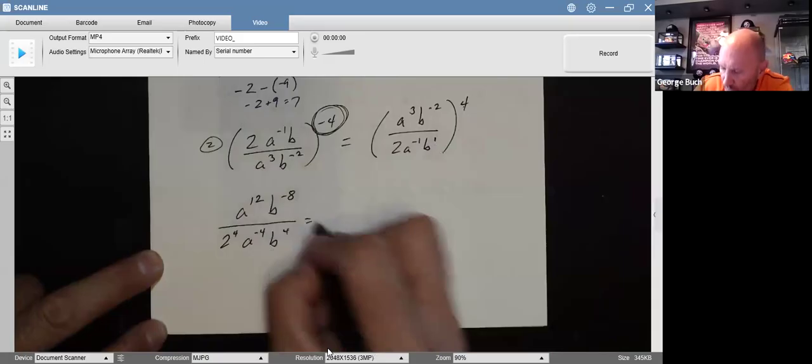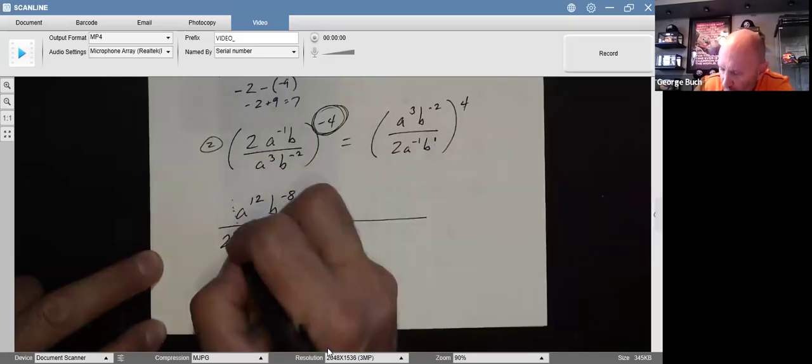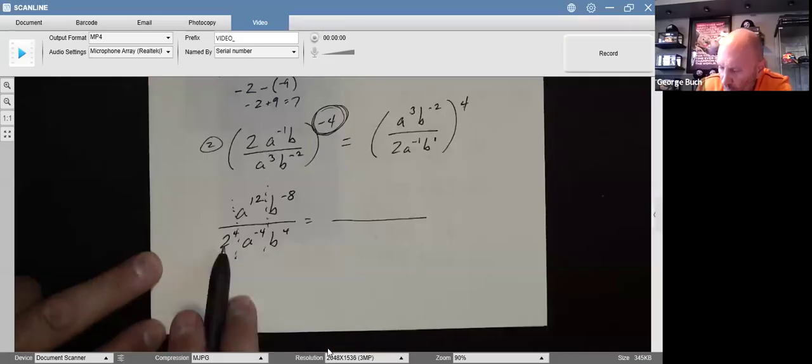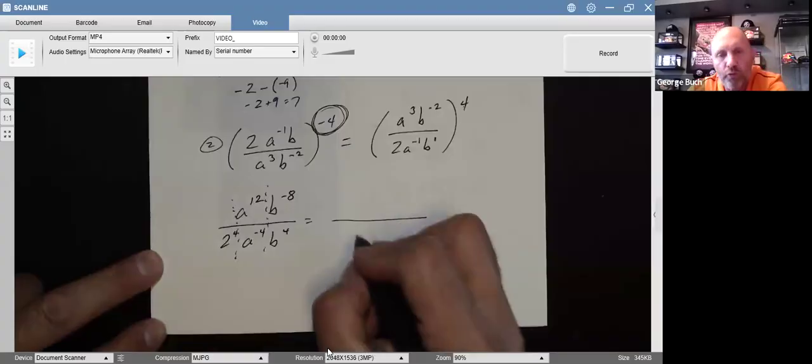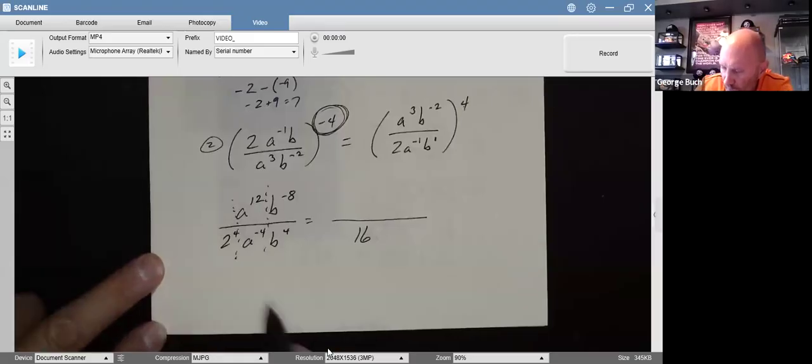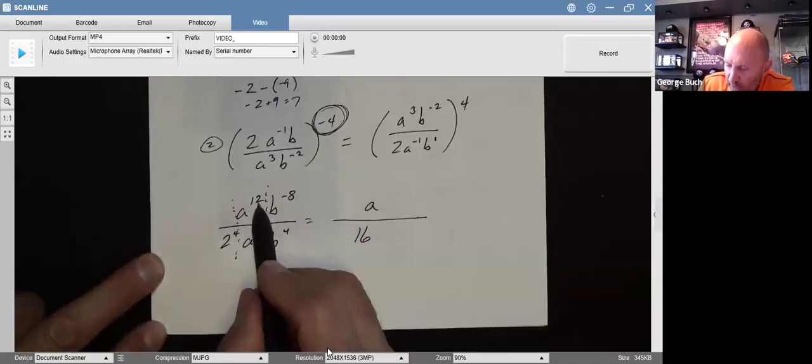So once again, I basically have 3 pieces. If I deal with the number part first, I have a 1 in the numerator, 2 to the fourth in the bottom. So that means 2 to the fourth, which is 16, stays in the bottom. And now the a, where's the bigger exponent? In the top. So a is going to be in the top. 12 minus negative 4.